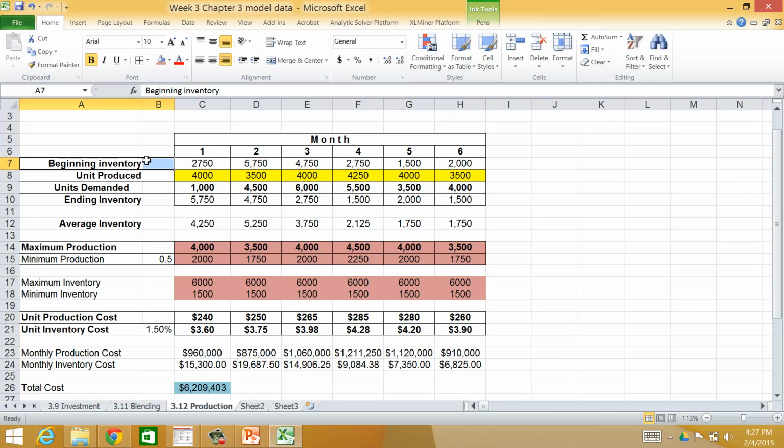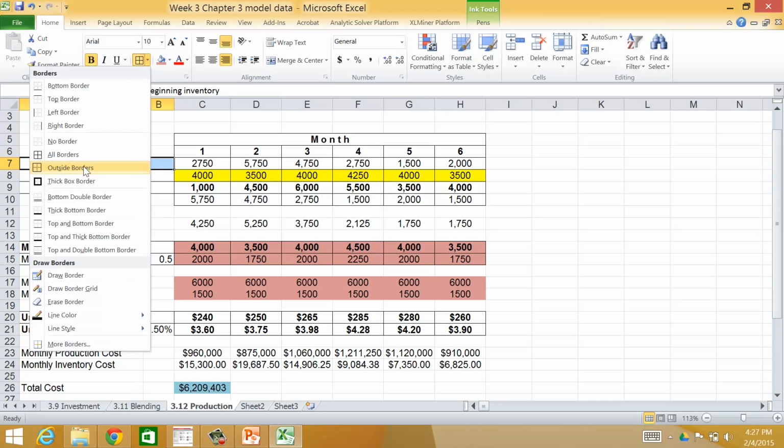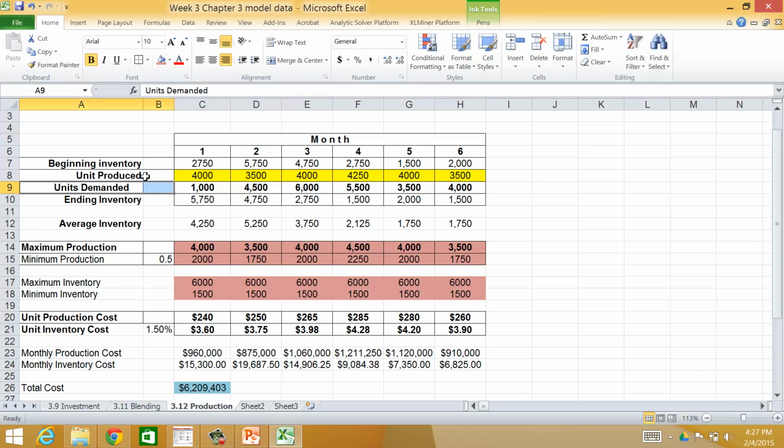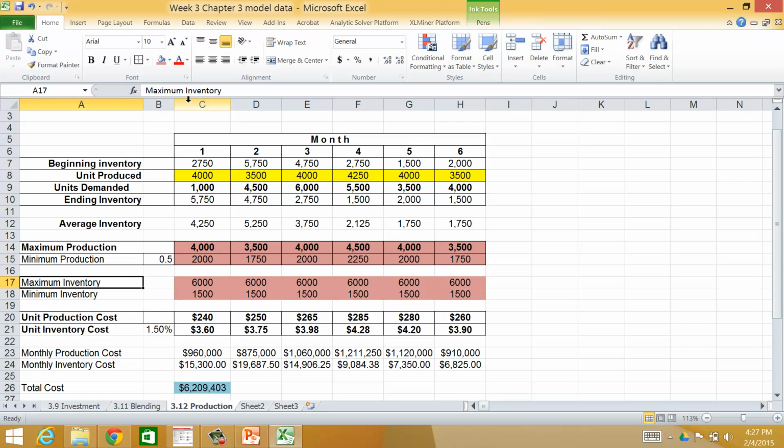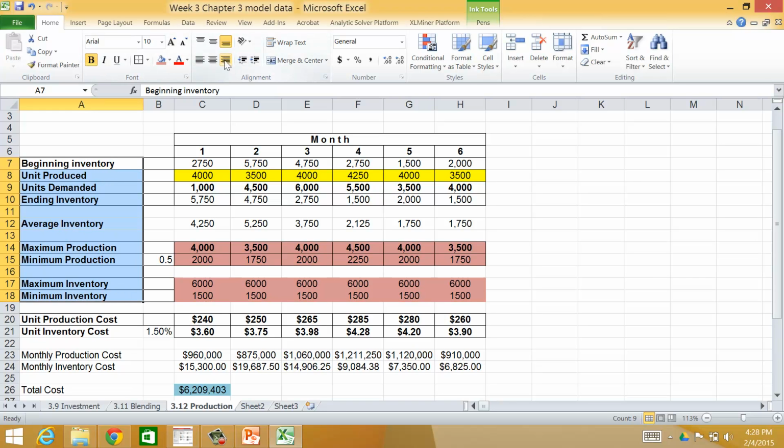For example, here I use the two columns. I'll just add a border like this. Here, no border and then outside bar, so they are all together. And same for these ones, and all of those ones can be bold and lined.